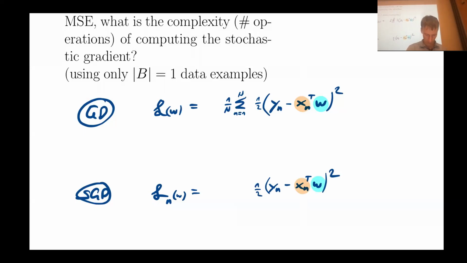So the gradient we also computed. The full gradient, if you remember this computation we did, we said it's minus the data matrix transpose times the error vector.